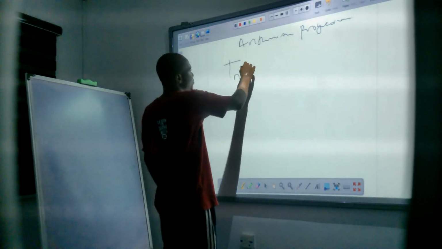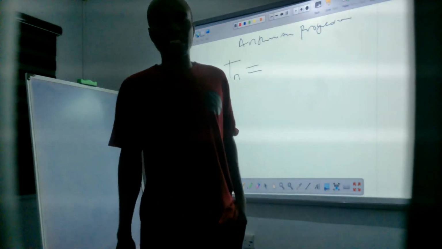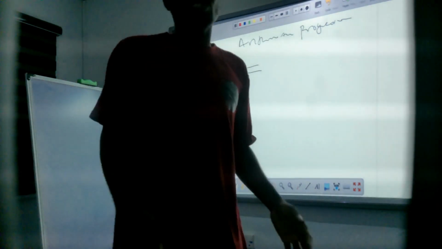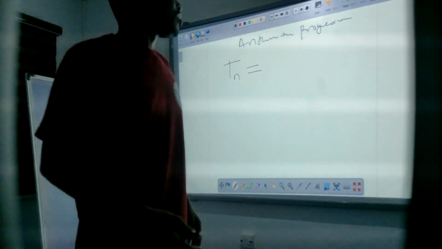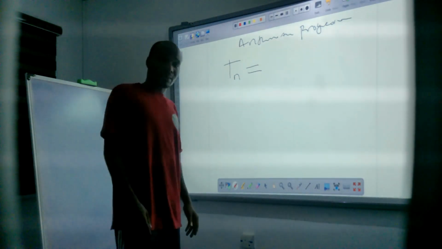Now, in AP, what we have to compute is what we call the nth term of the AP. Sometimes we might be required to get a particular term. It might be the fourth term or the 100th term. How will I get the 100th term? It's just for you to apply a formula.